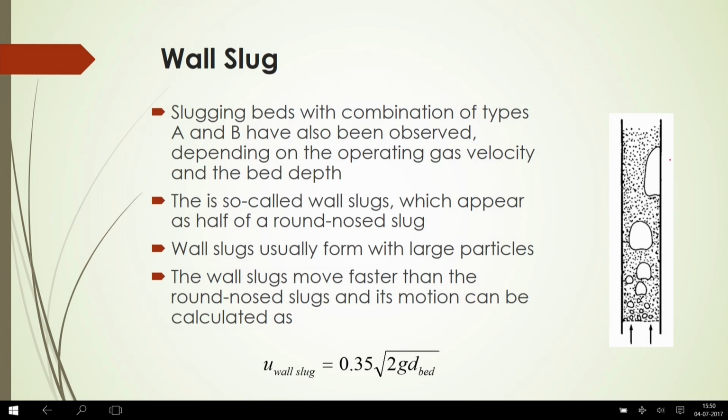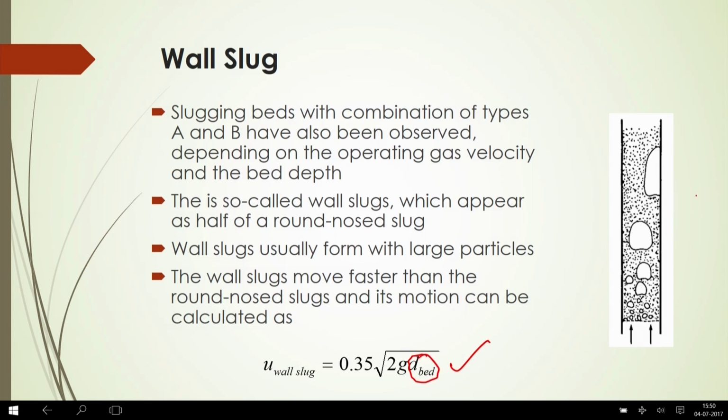Wall slugs usually form with large particles, and they move faster than the round nose slugs, and the motion can be calculated by the equation given in the slides, that the wall slug velocity will be equal to 0.35 times root over 2 g D bed. Here D will be considered as the diameter of the bed.